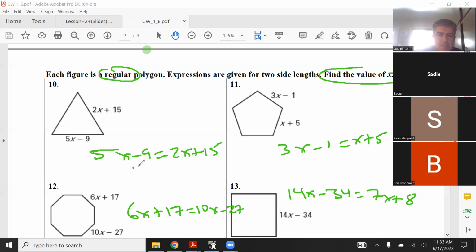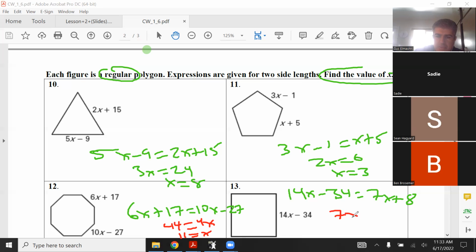Hopefully you're getting 3x equals 24, so x equals 8. Hopefully you're getting 2x equals 6, x equals 3. Hopefully you're getting 4x equals 44, x equals 11. And hopefully here you're getting 7x equals 42, x equals 6.